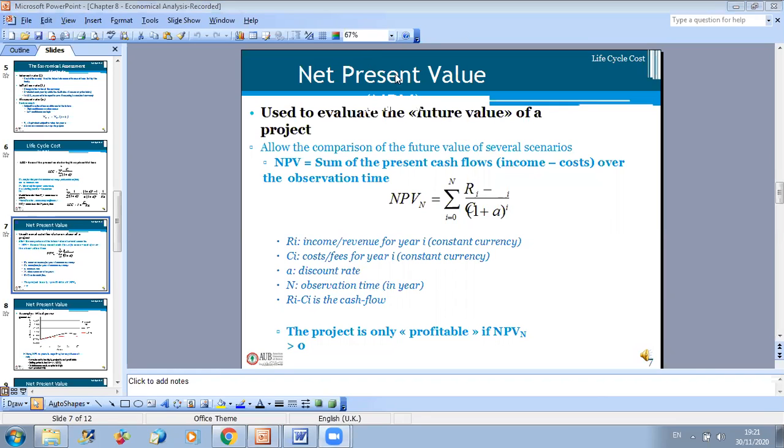So you do the summation of incomes, which is called RI, minus CI, the costs, over 1 plus A to the power I, where the summation is from year 0 to year n.